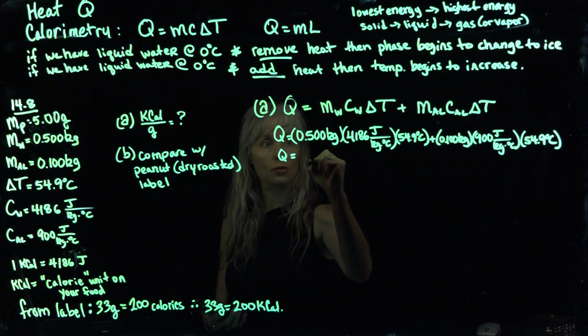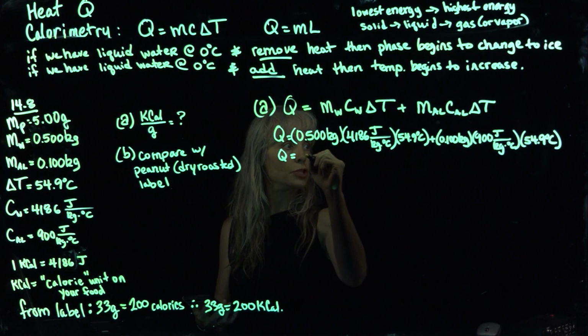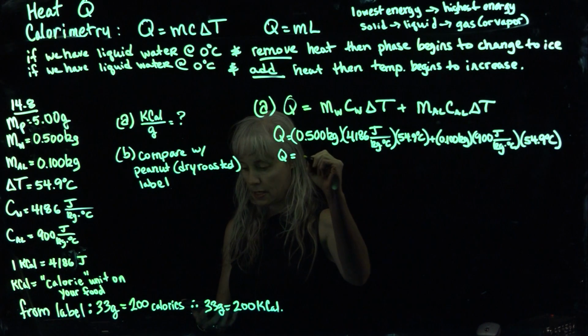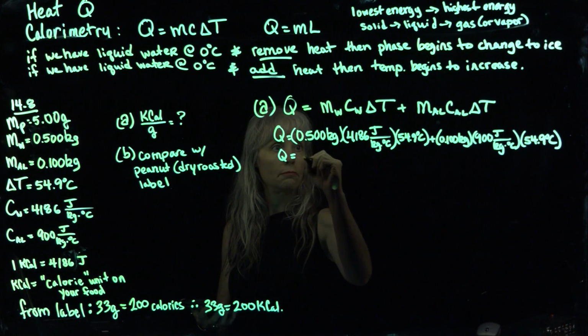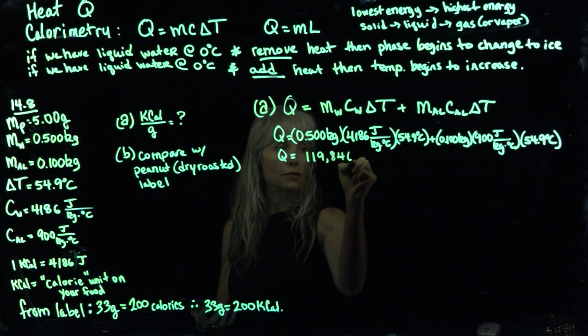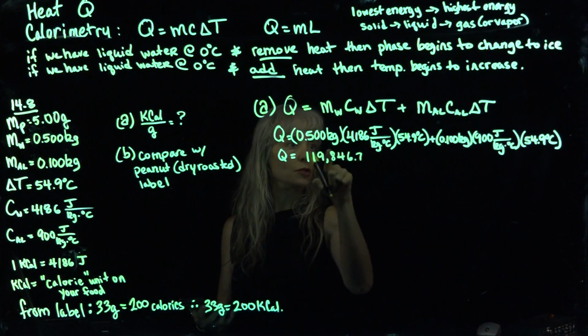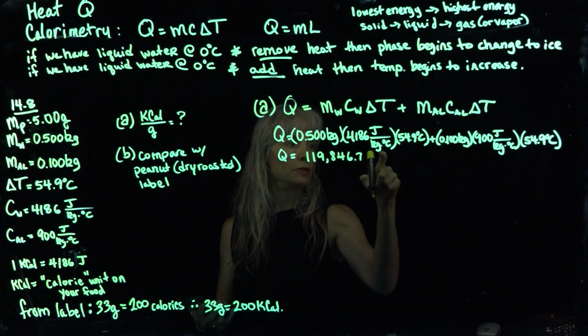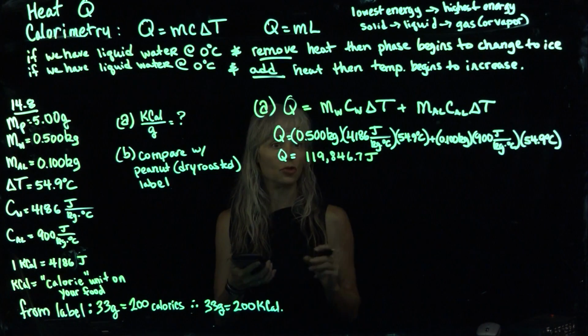We get a total amount of heat energy of 119,846.7. And you can see the kilograms is going to cancel and the degrees C is going to cancel, and there's going to be units of joules.